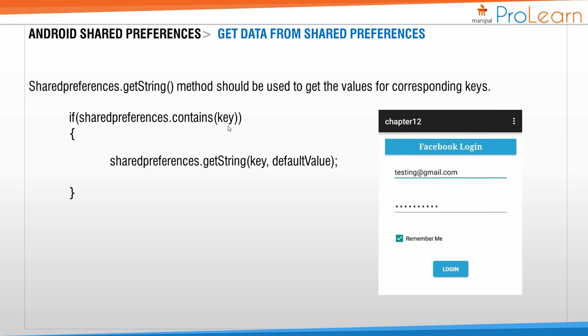If it is available, we can use the getString method to get the value by passing the key name. You can also specify a default value in case the value is not available. I'll show you in the application when we do it. So this is how we can access a shared preference value and use it in your application.